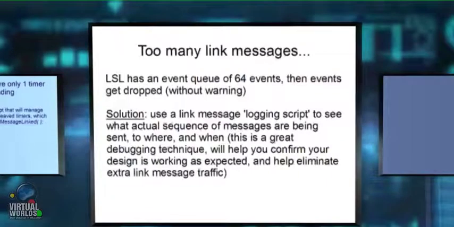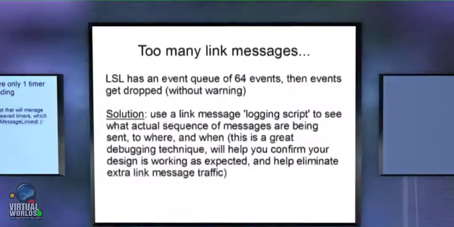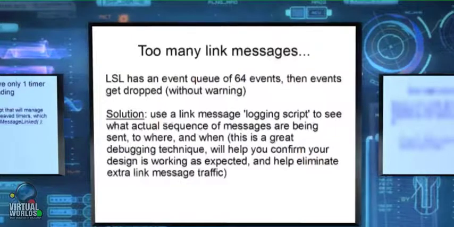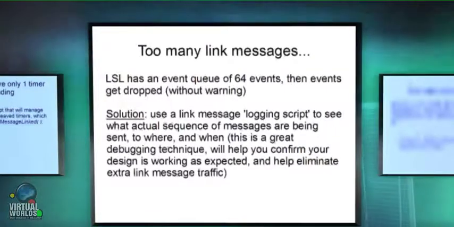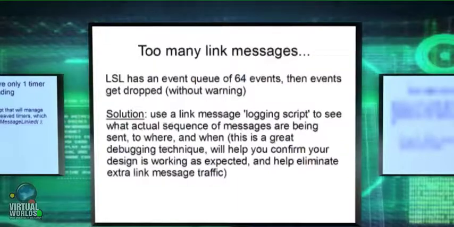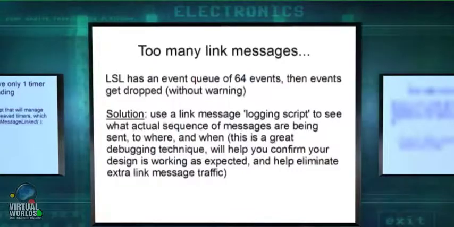So what happens is you start distributing your architecture out, you end up with too many link messages. So the limitation with that is that LSL has a queue of 64 events. We talked about events before. So in this particular case, a link message will cause an event to fire on each and every script that's running that has an event entry point for link messages.